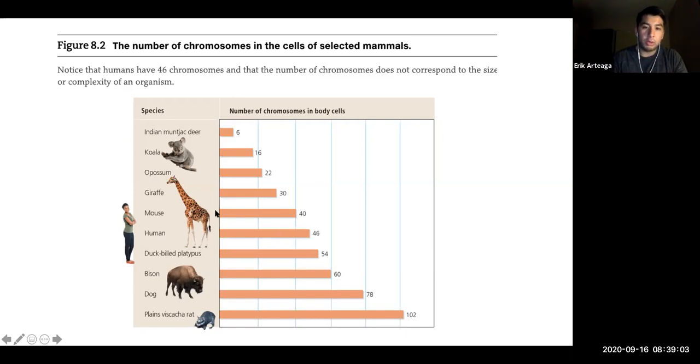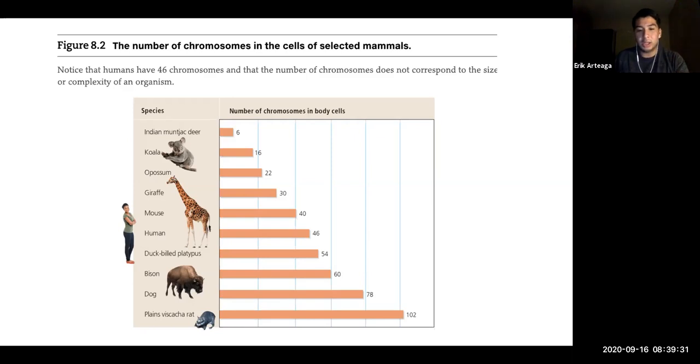But here you have a koala with 16, you have a giraffe with 30, you have this rat here with 102 chromosomes, a dog with 78, bison with 60, right? So we do have organisms that have more than us. It doesn't equate to genetic complexity in any way in terms of the amount of genes or the amount of intelligence or strength.